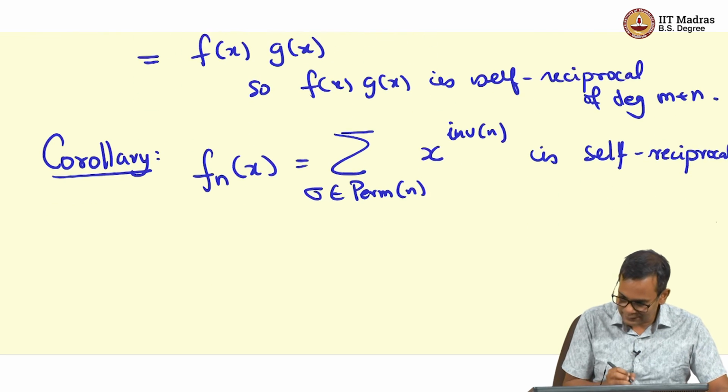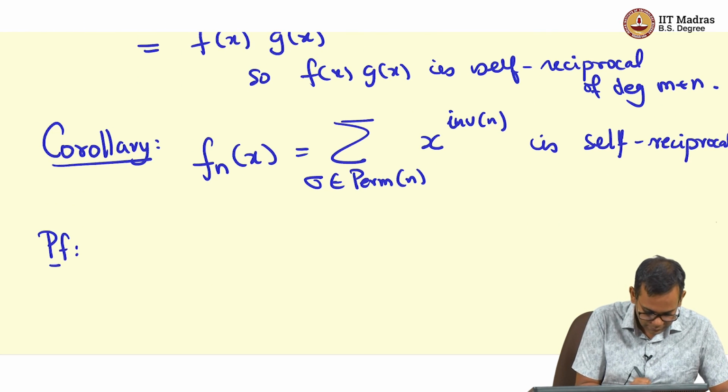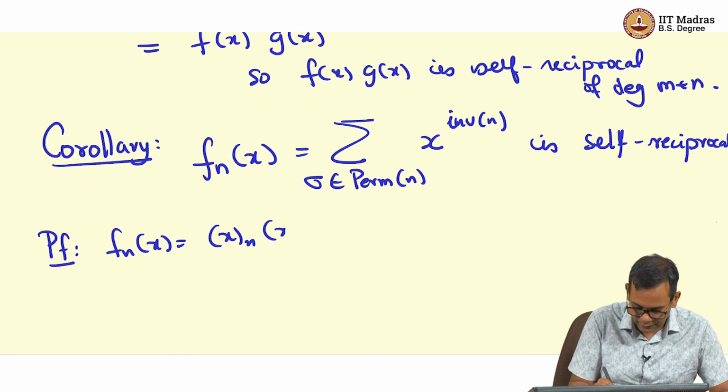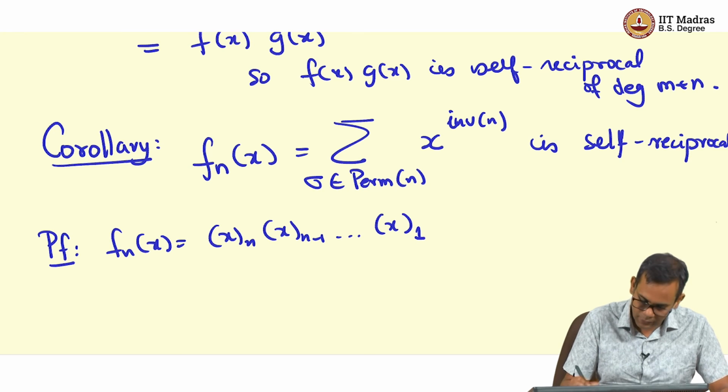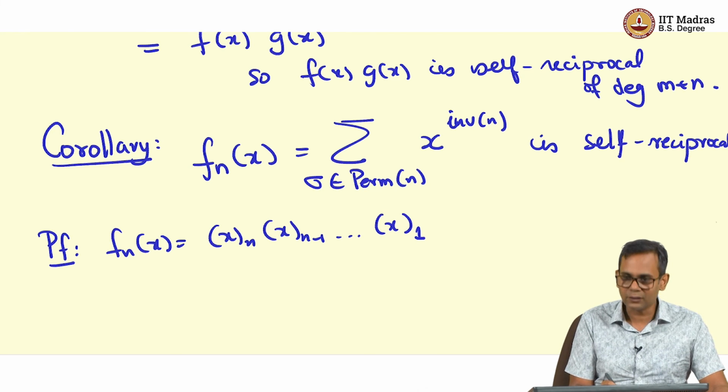And that is clear now, right, because this f n x is x n times x n minus 1 times x 1, a product of polynomials which are obviously self-reciprocal.